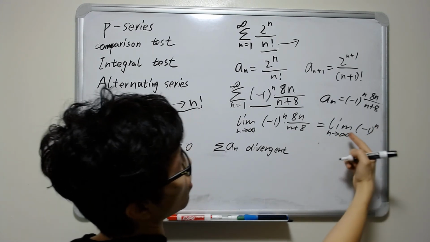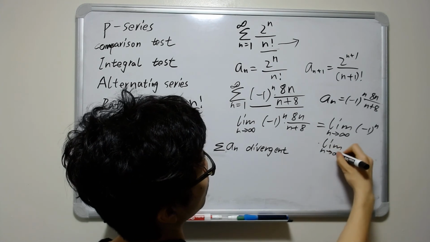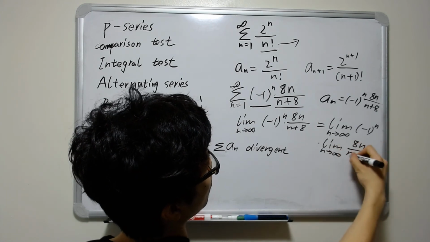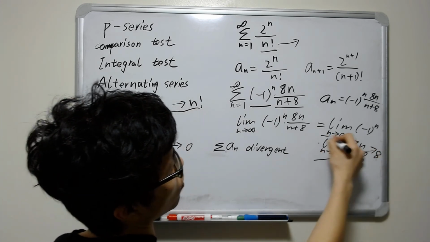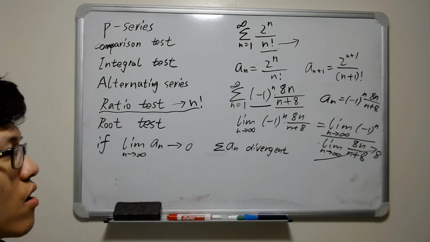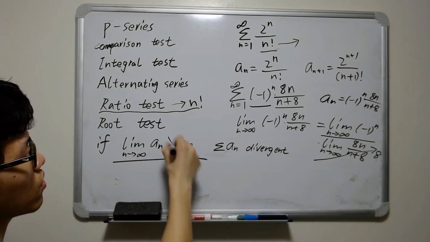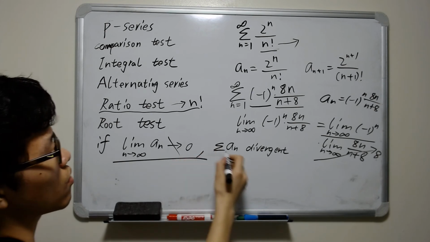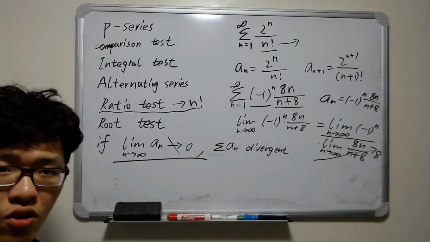It's a product of two limits. The limit of the second term goes to 8, and the first term does not converge at all. So this limit does not go to 0, and then we can say this series is divergent.